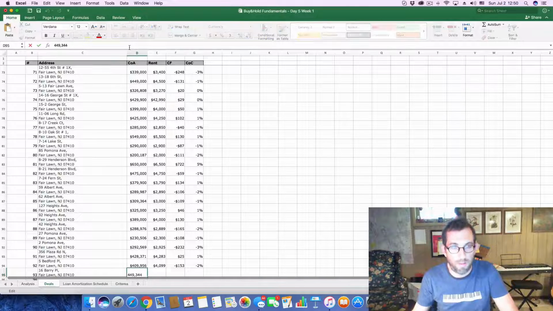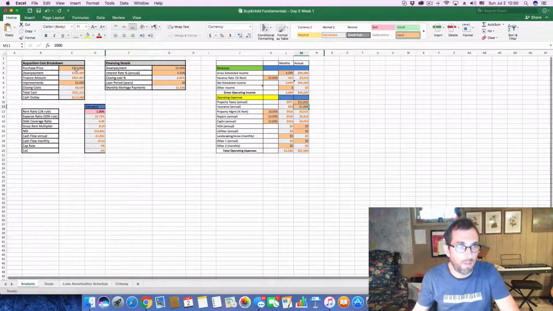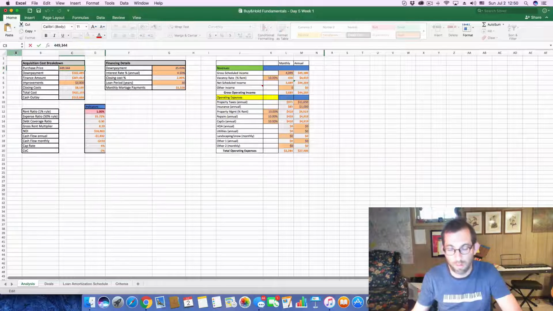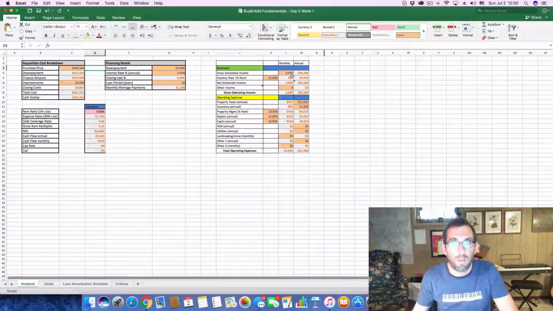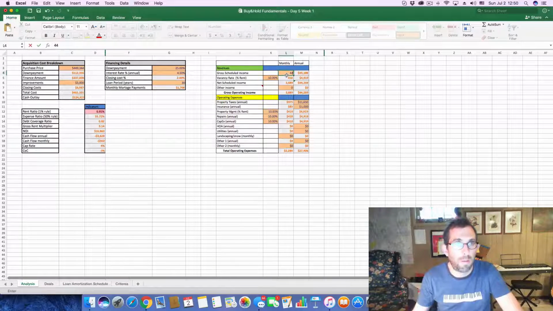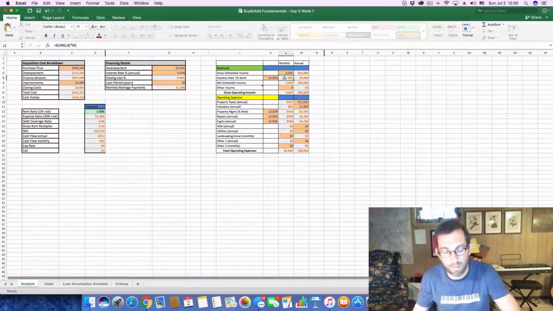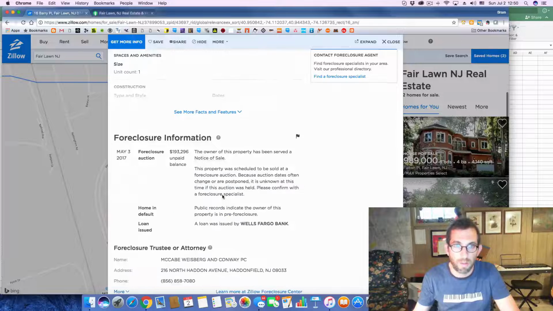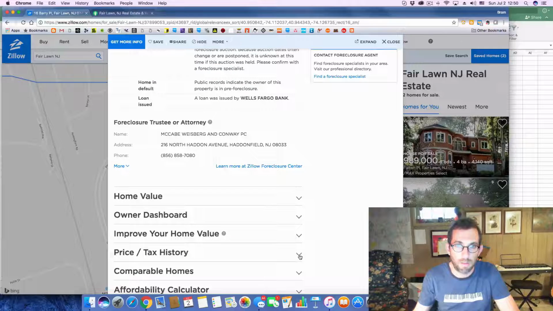Price and stick it in there. Assume 1% on the rent ratio. We said 4,500. We got to go check out the taxes.